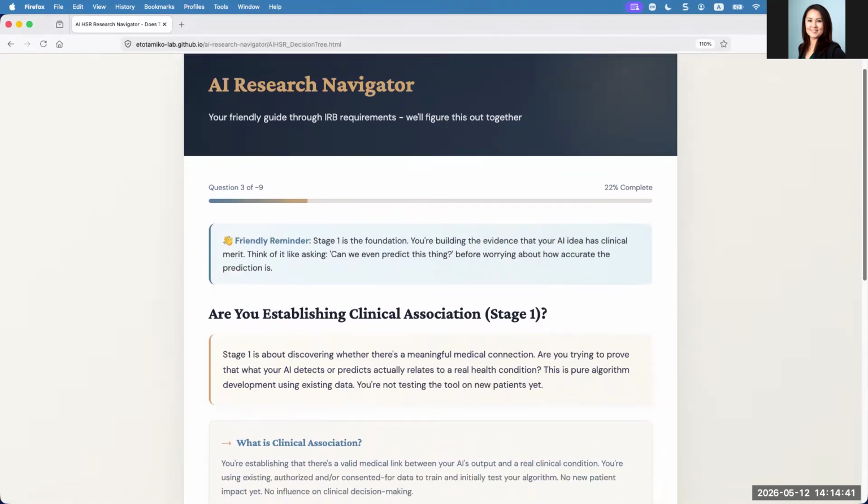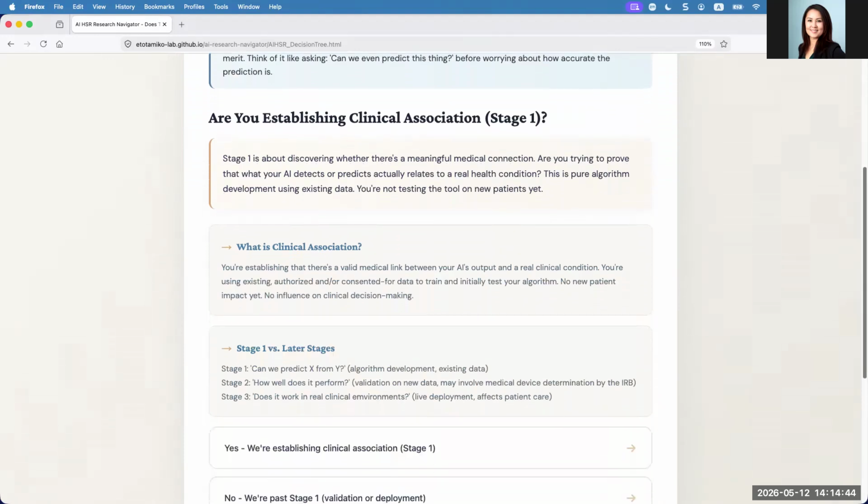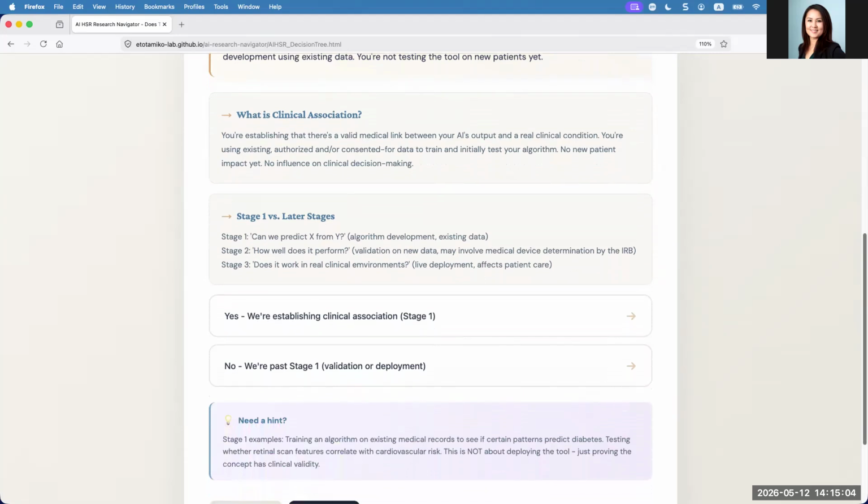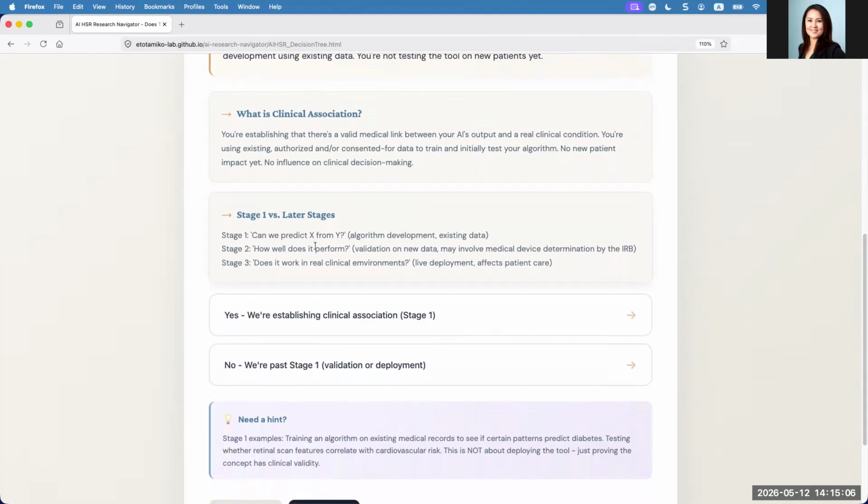Question 2, are you establishing clinical association? This is the first stage of the 3-stage framework. If you haven't read on that, that is part of the initial training. But see how it breaks down the concept with expandable sections. We've got what is clinical association and then what are the stages. This is where we establish whether there's a valid medical connection, stage 1.